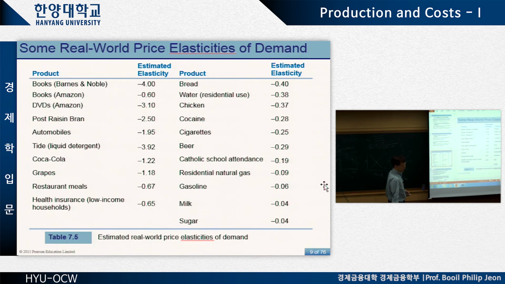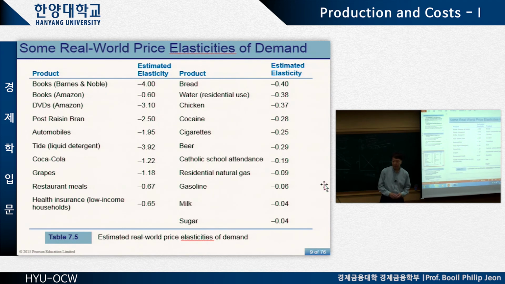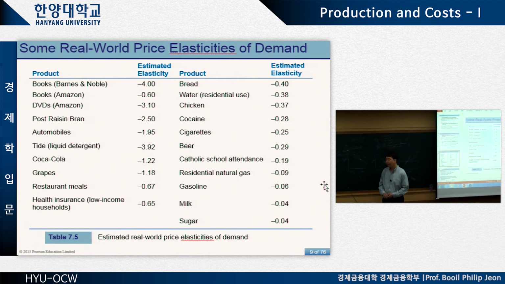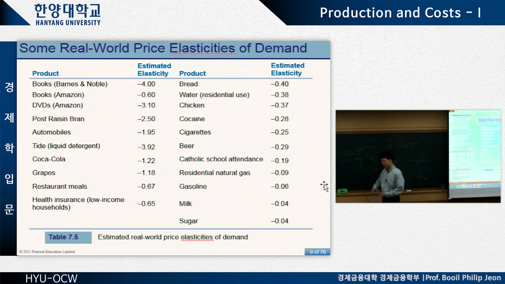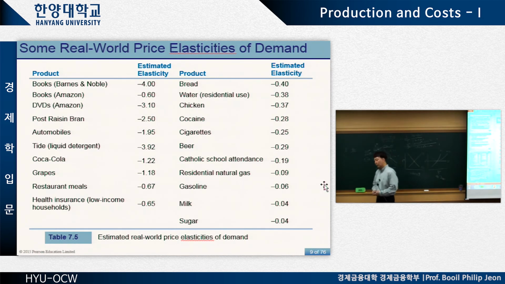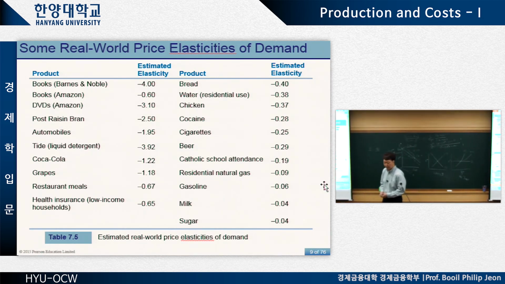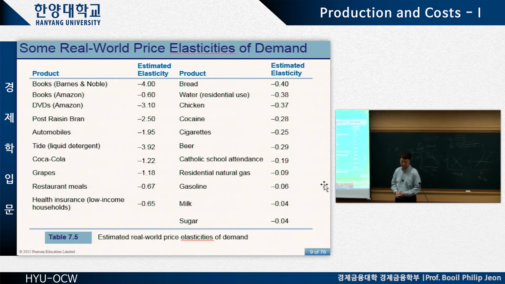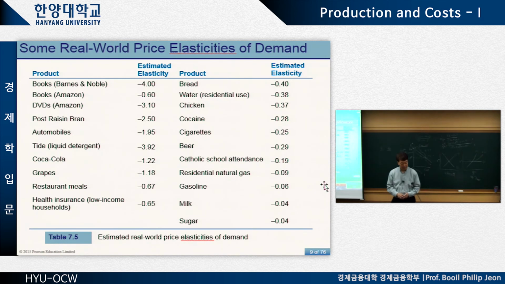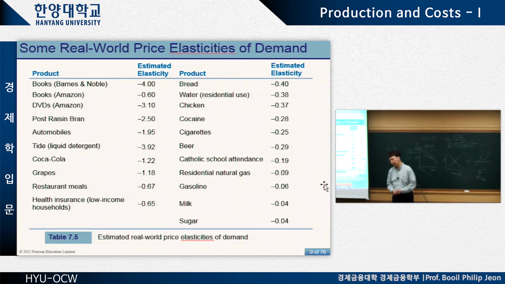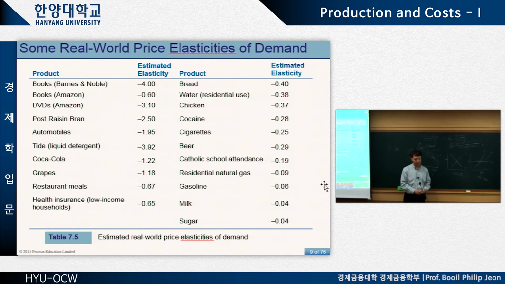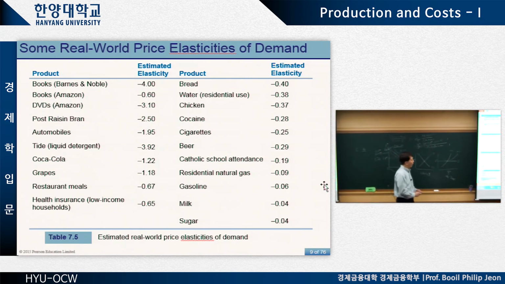So if they raise the book price by 10%, according to this, what's going to happen? Quantity demanded for books will decrease by 40%. That's what they found.